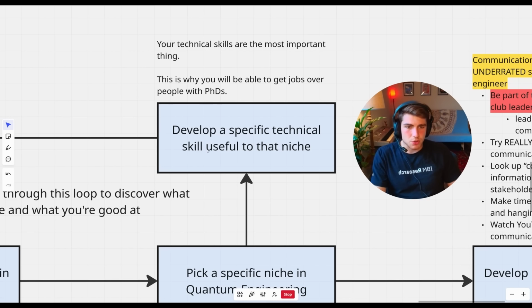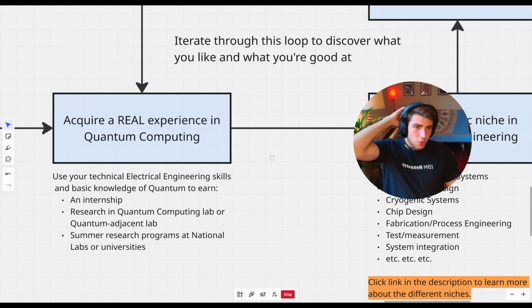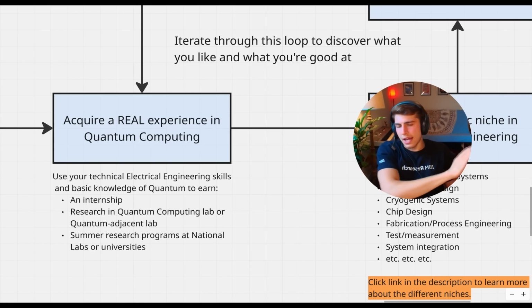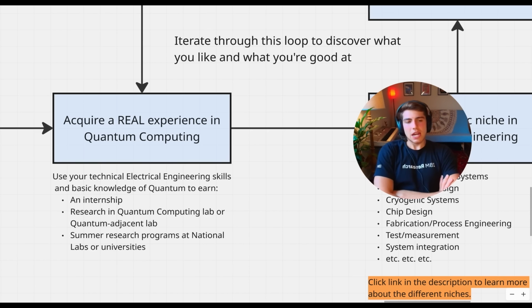I picked quantum control systems after, here's what I did, I joined a research lab. My first real experience in quantum computing was joining a research lab in neutral atom quantum computing. And I literally had no idea what I wanted to do. I just knew I wanted to do quantum computing. So I started working in that lab, and in working with that lab, I started to understand what actually has to go into making a quantum computer.